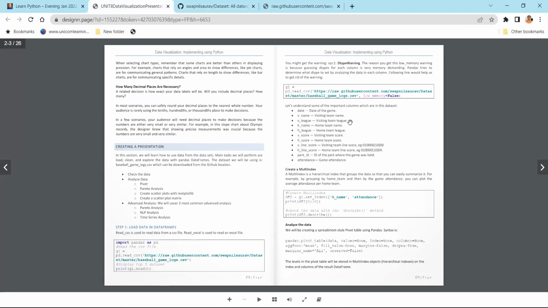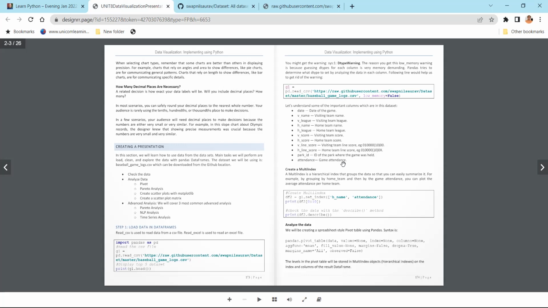If an IPL match was played in Chennai, and it was the home ground for Chennai, and Mumbai was the visiting team, then the visiting team would be Mumbai. Then league, home team name, home team league, visiting team score, home team score. These are the different pieces of information there. Attendance: how many people were in that stadium to watch the match.